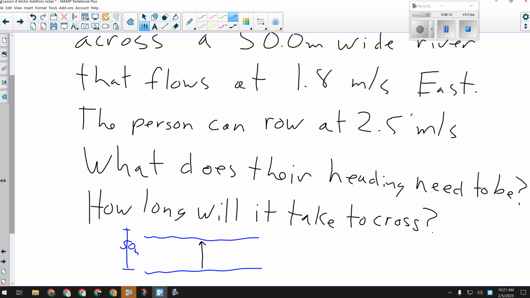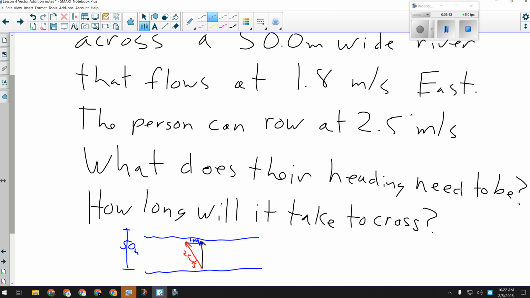The river current will look like this, 1.8 meters per second. And then we'll have our rowing speed, which is 2.5 meters per second. So it should look something like that.